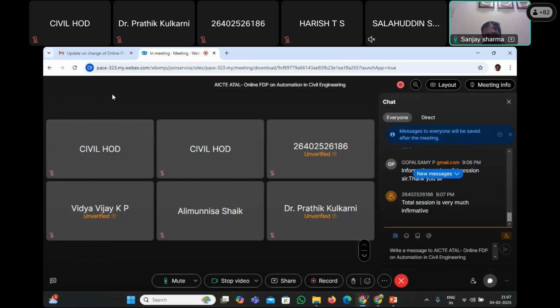Corrosion, we do the half-cell potential meter test, or maybe the resistivity meter. Then carbonation is to be done. Then you carry out the chemical analysis, chloride ingress, and maybe sulfate also.